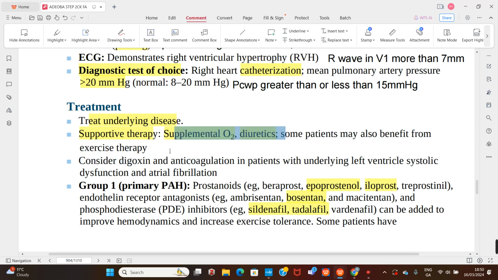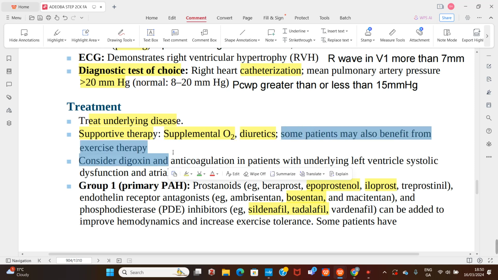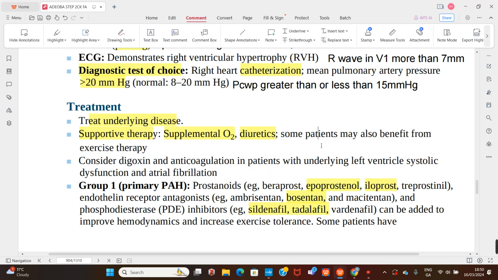This is still undergoing review, exercise therapy. But let's just stick with what is already sure. Supplemental oxygen for group 3, diuretics for group 2.